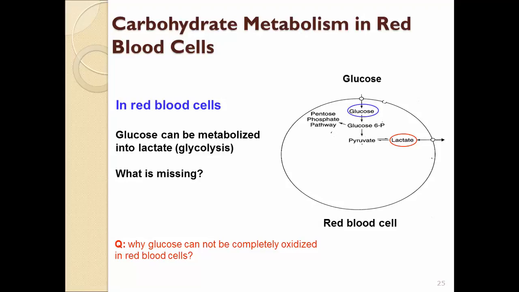So red blood cells do not have mitochondria. That's the reason glucose can only be metabolized through the glycolytic pathway and generate lactate, right? Pyruvate cannot be further completely oxidized in the TCA cycle because there are no mitochondria in the cells.